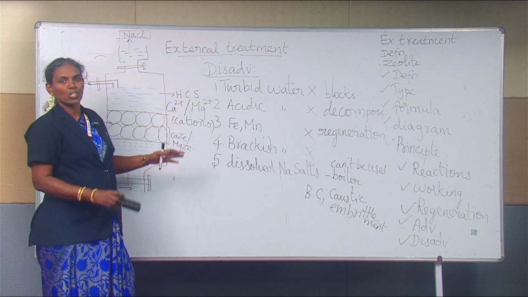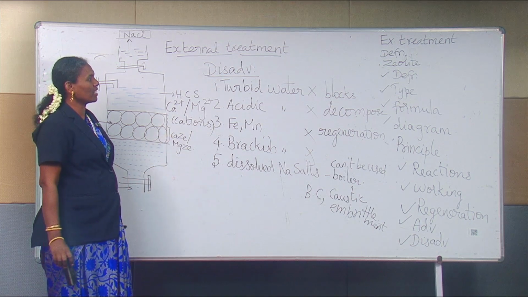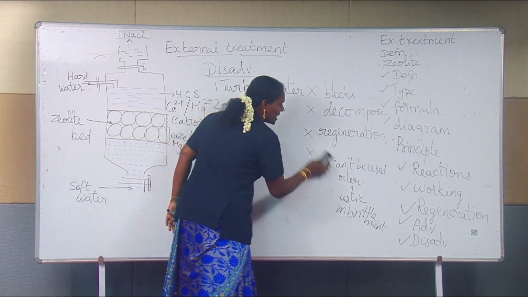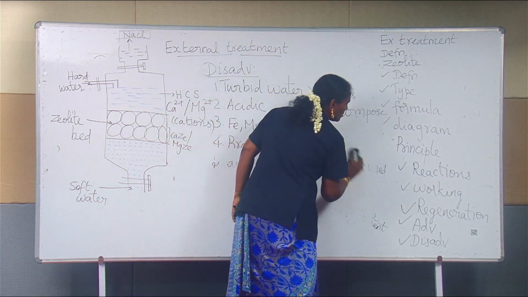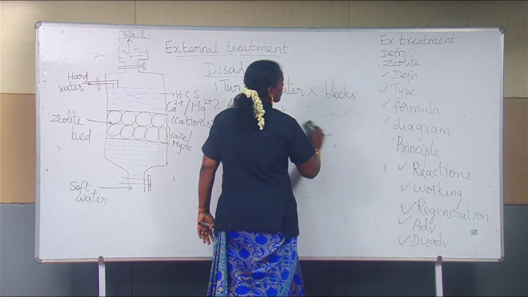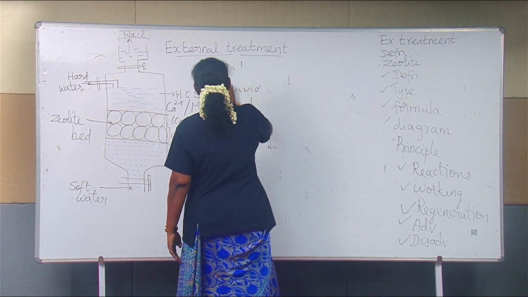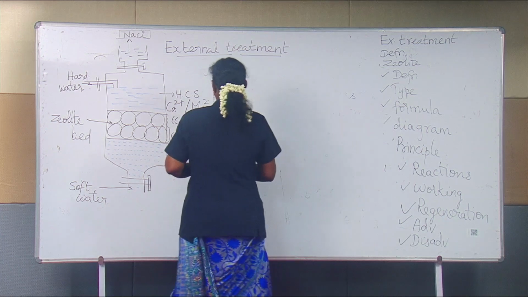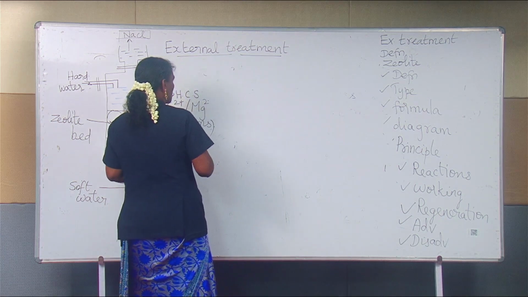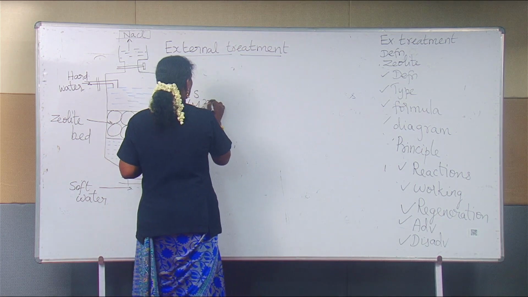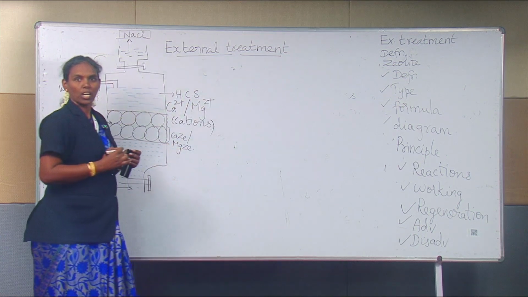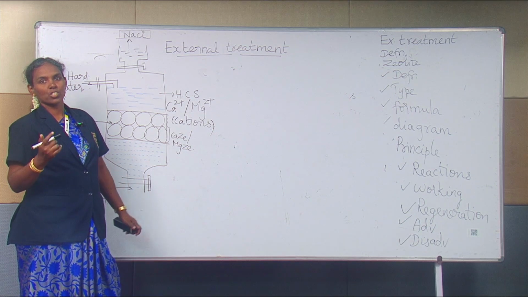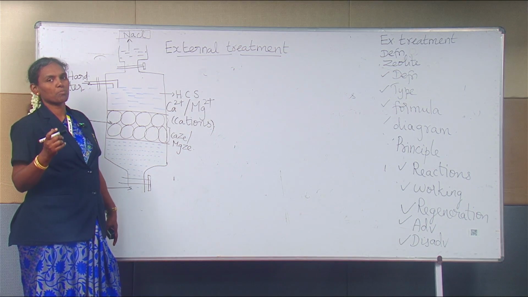Okay, this is the zeolite process we have discussed in detail. In short, I will say what the content is. Once again I will repeat. Suppose the question is asked, in short, what you have to write if they ask about the zeolite process, another name for which is the permutit process.